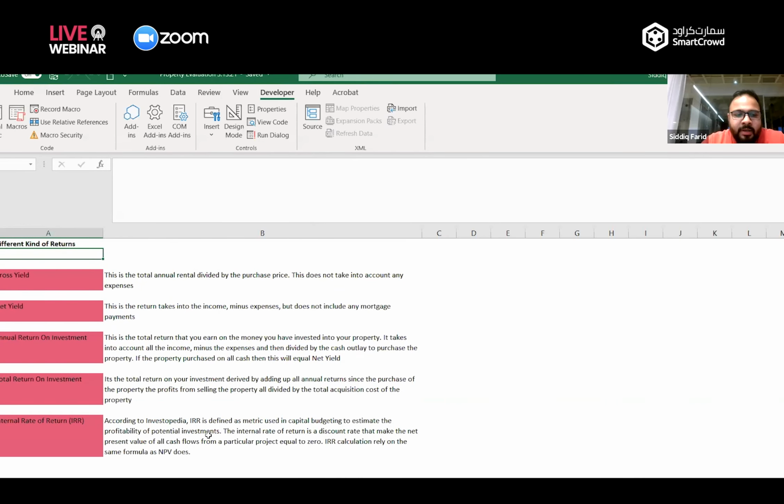So before we dive into the model, I just want to quickly run through a couple of return characteristics, criteria that I look at, so that when you're looking at the numbers, it makes sense to you. Gross yield is effectively the rent that you're getting on the property divided by the property purchase price. It's a very high level number. This does not include any expenses.